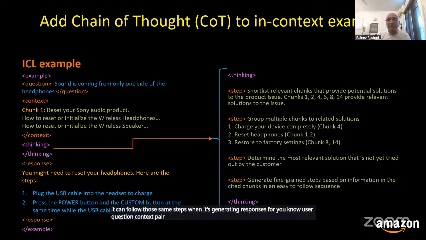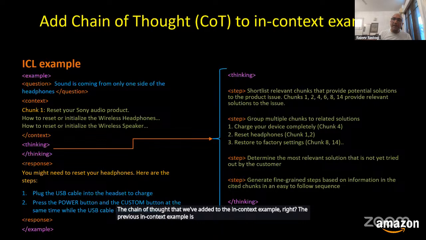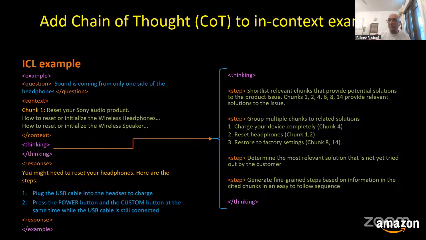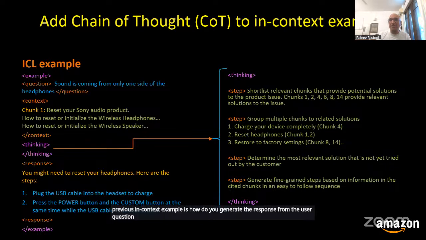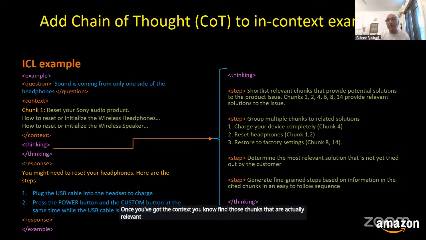So for example, here you can see the chain of thought that we've added to the in-context example. The previous in-context example shows how to generate the response from the user question and the context. So here we're saying, once you've got the context, find those chunks that are actually relevant to the product issue.